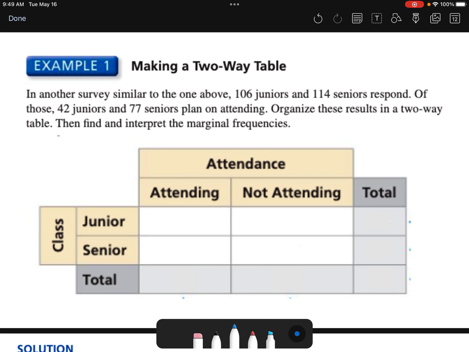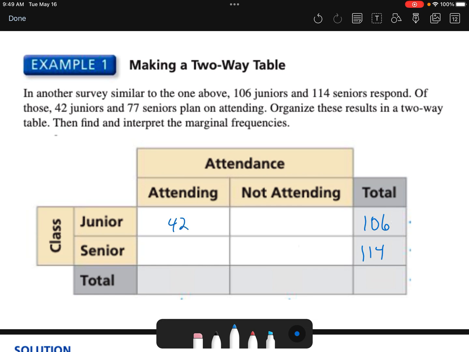We have 106 juniors, okay, so there we go, and 114 seniors respond to a survey. 42 juniors are planning on attending. 77 seniors are planning on attending. Now, this is easy to figure out who's not attending then. We just subtract them. 106 minus 42 and 114 minus 77.